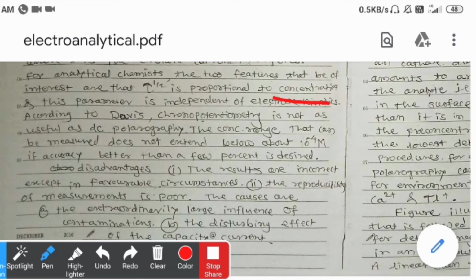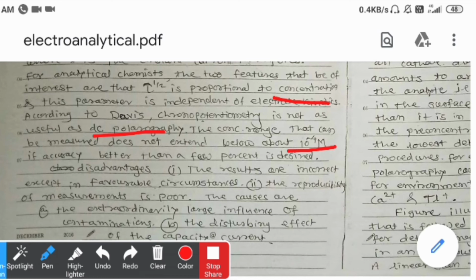According to Davis, chronopotentiometry is not as useful as DC polarography. The concentration range that can be measured does not extend below 10 raised to minus 4 molar. We have seen that for differential pulse polarography, we can measure concentrations up to around 10 raised to minus 6 molar.